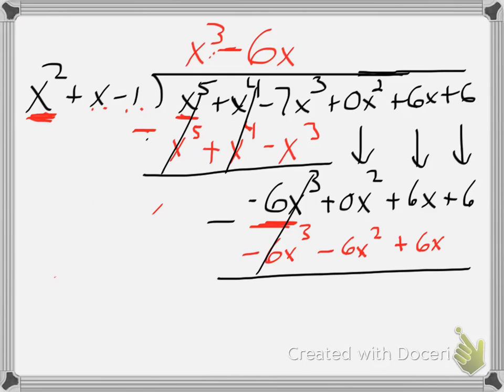Now when I have a 0 minus a negative 6x squared, it becomes plus plus. So positive 6x squared. 6x minus 6x cancels out. And lastly, my 6 drops down. So plus 6.